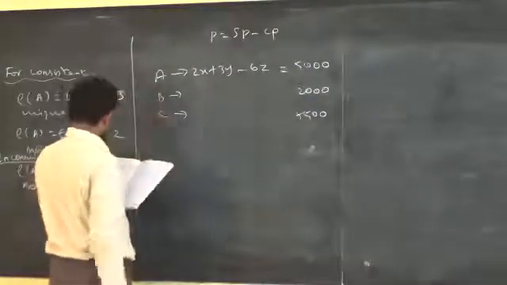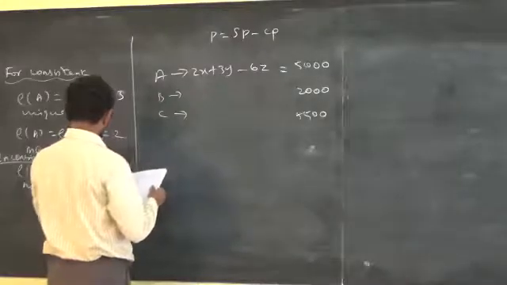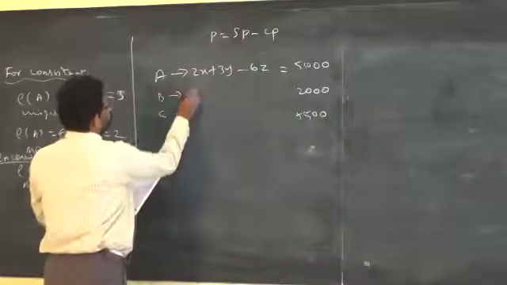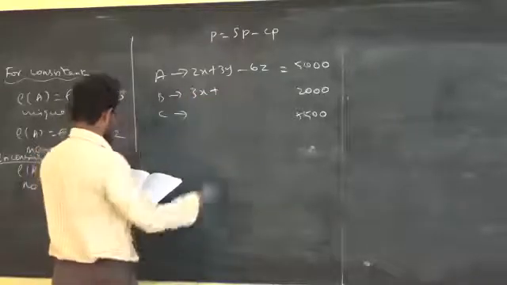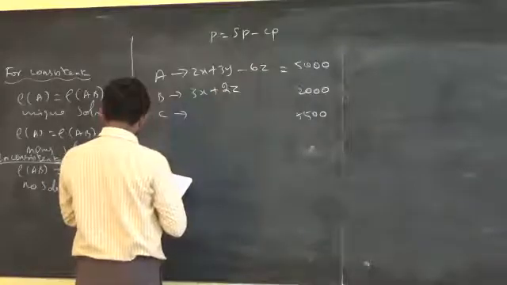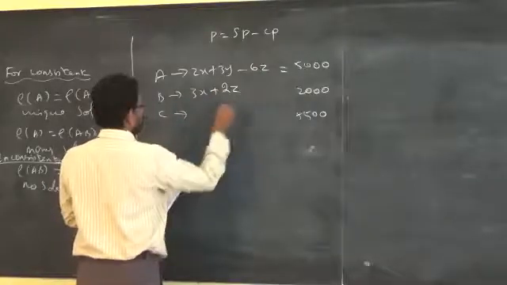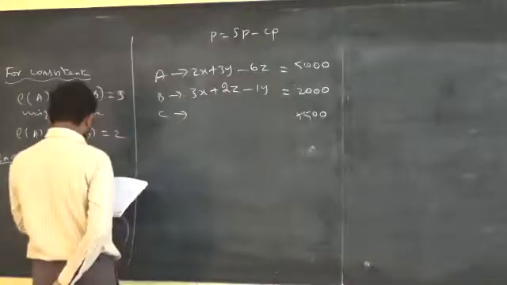Next we go for Amar. 3 units of X and 2 units of Z are sold. Purchase 1 unit of Y, so that gives 2,000.